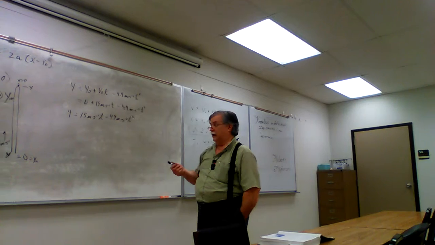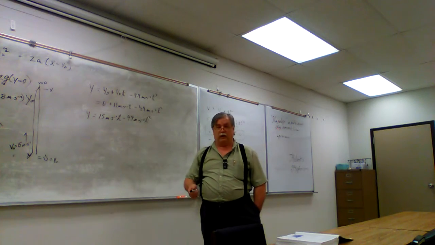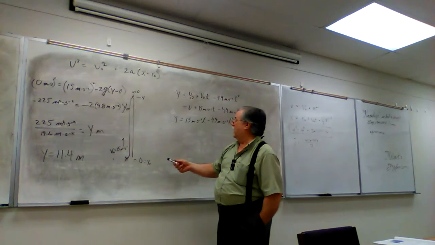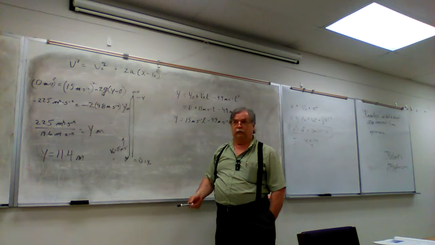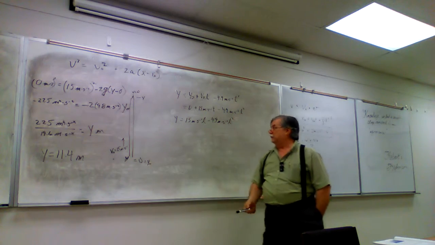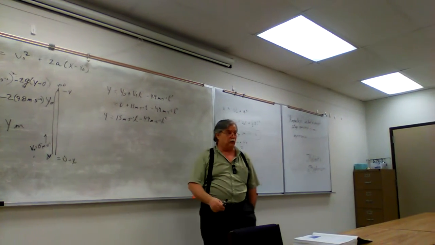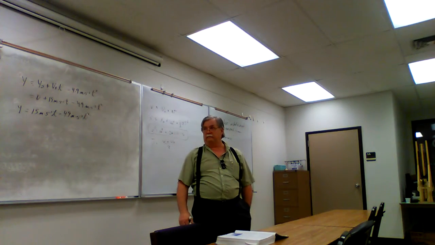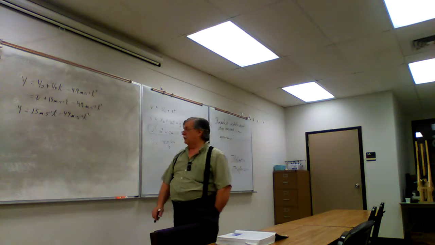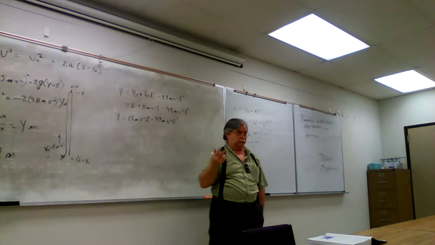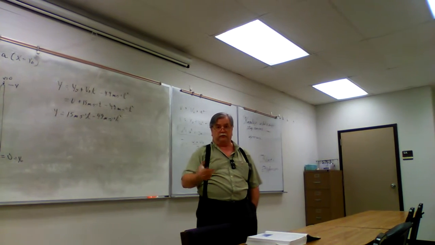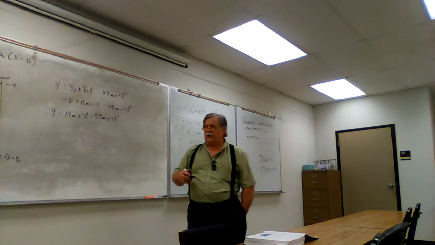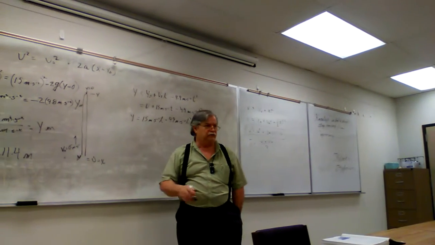Because the truth is, that would be a perfectly acceptable way to find the solution. We're looking for the final y equals 0. So we could set y equal to 0 and solve it using the quadratic equation to determine how long t is. You're familiar with the quadratic equation; we would get two values of t, right? But in this case, there's a simpler way to do it.